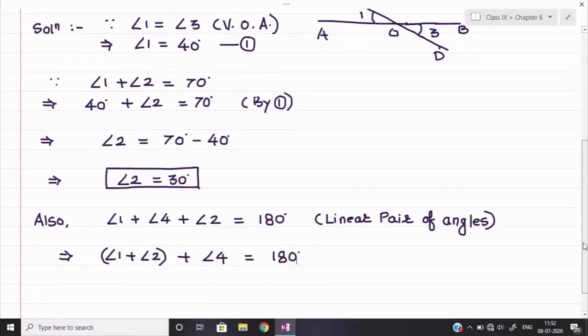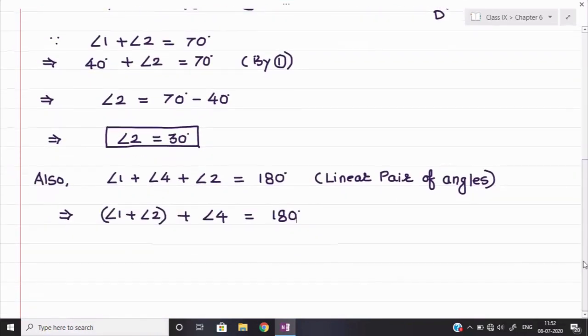So I will replace 1 plus 2 by 70 degree. Here I will write 70 degree plus angle 4 will be equal to 180 degree. Here you can give the reason: given. With the help of the given, we have put the value.